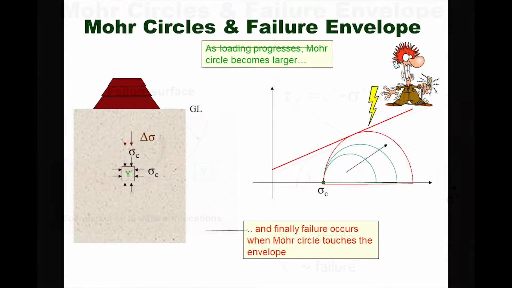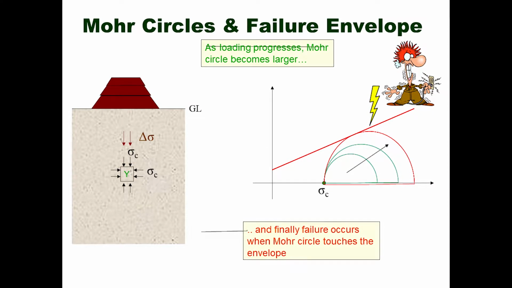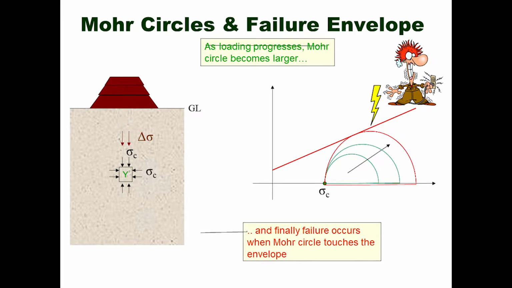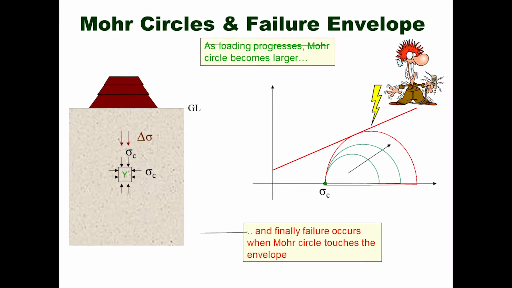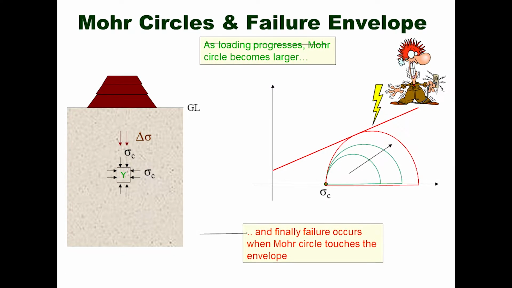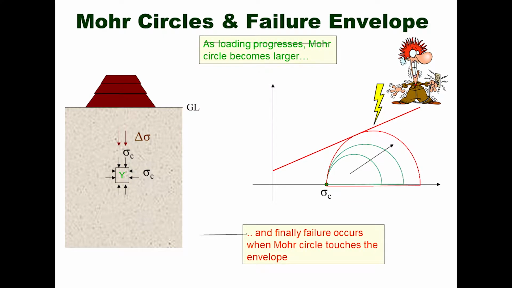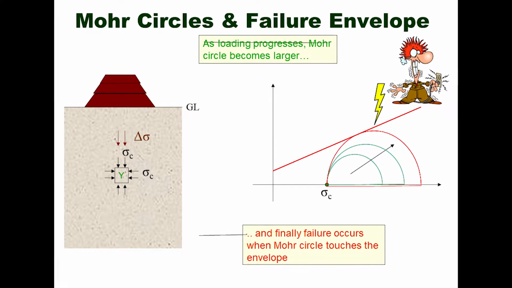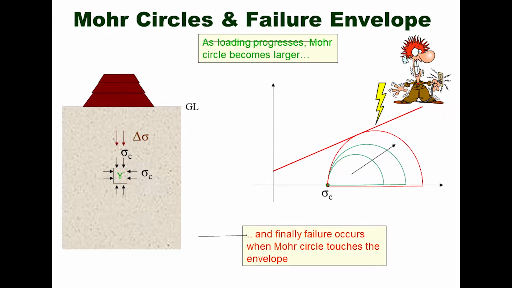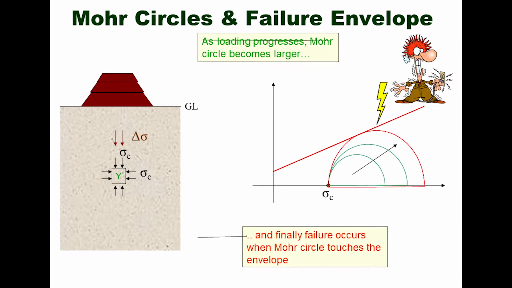As loading progresses, sigma 1 increases and the Mohr circle becomes larger. Failure occurs when the Mohr circle touches the envelope, because the horizontal stress sigma 3 is not increasing and stays constant while sigma 1 increases slowly.